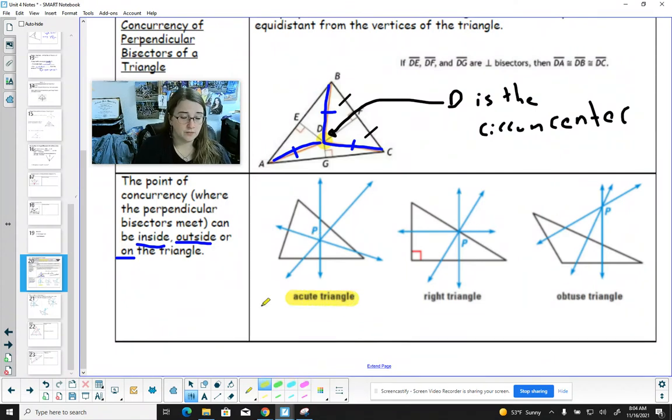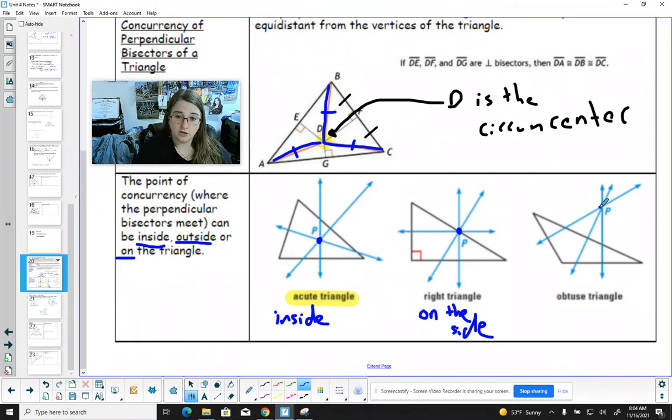You can see it in the picture, but in an acute triangle, the circumcenter will be inside. That's to do with the angles. If I were to draw my 3 perpendicular bisectors, the circumcenter would end up being inside my triangle. Notice in a right triangle, my circumcenter ends up being on the triangle side, or on a side, we should say, right?